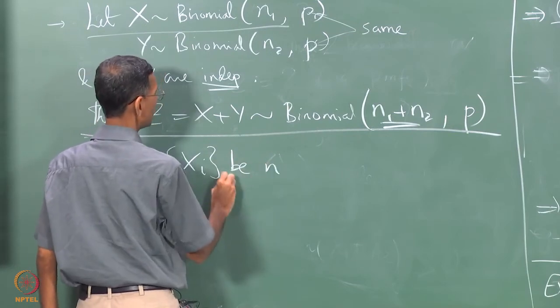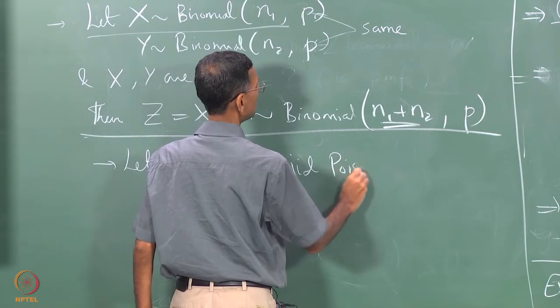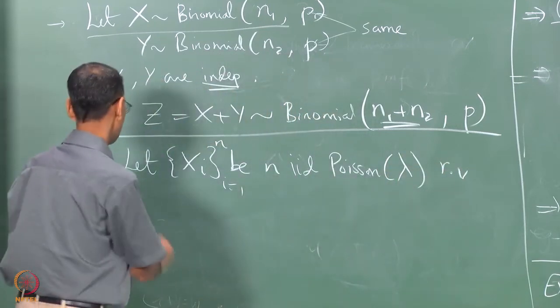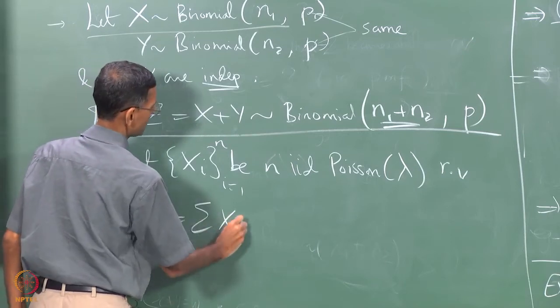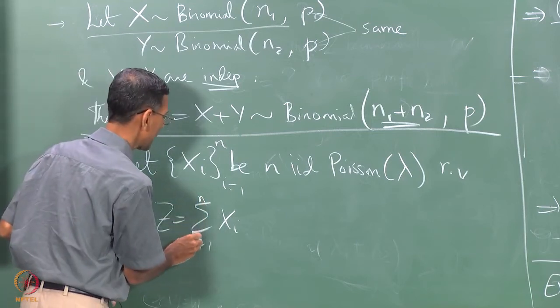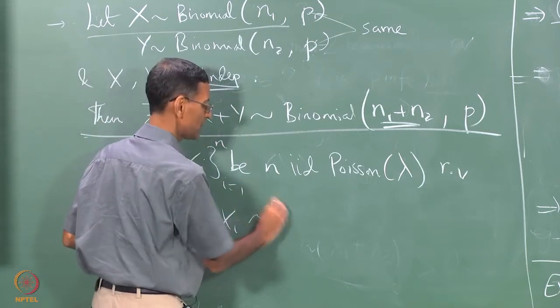Let xi, i equal to 1 to n, be n IID Poisson lambda. Then z equal to the summation of all of them. These limits are important, because if I take a smaller collection, I will not get n lambda. So this is going to be Poisson.